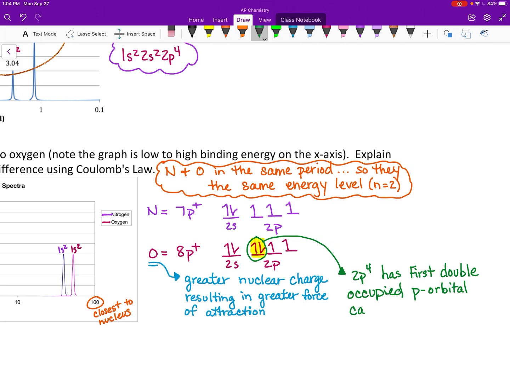And what happens as a result of that, it's going to cause electron repulsion and slightly decrease binding energy.